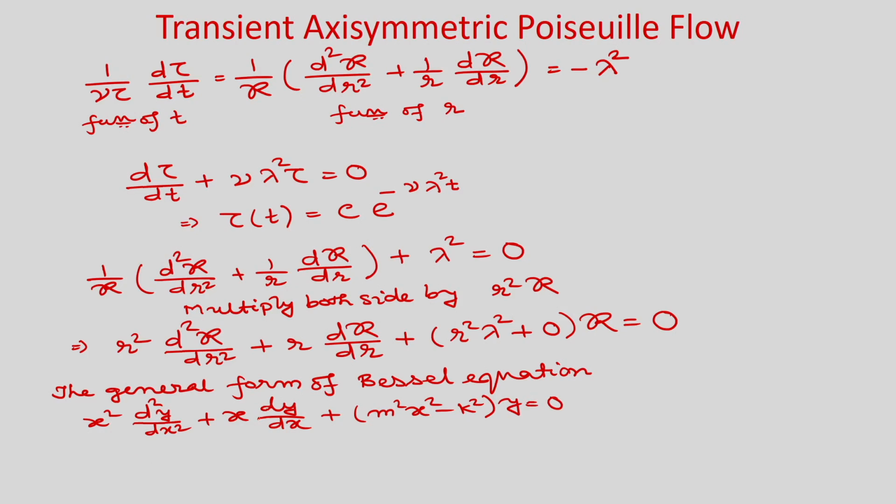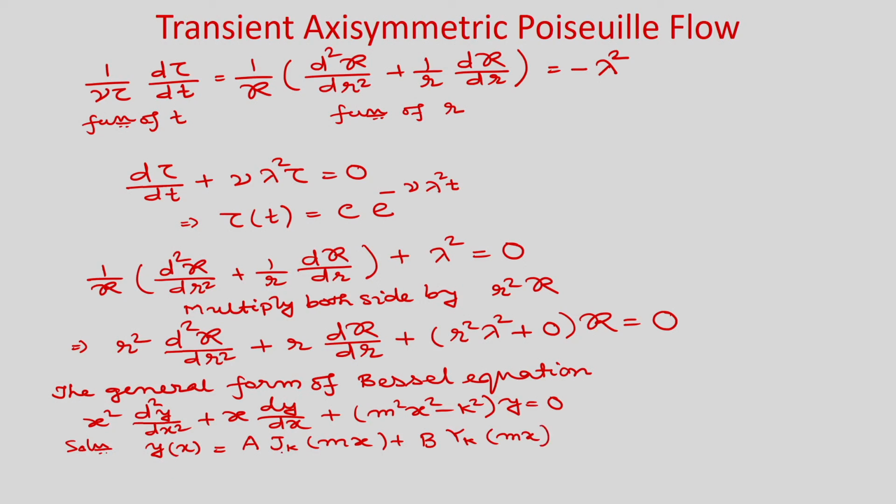Okay. And the solution of this Bessel equation is y = a J_k(mx) + b Y_k(mx).